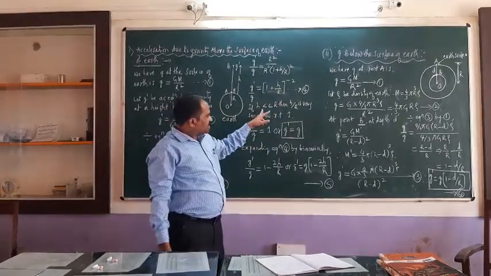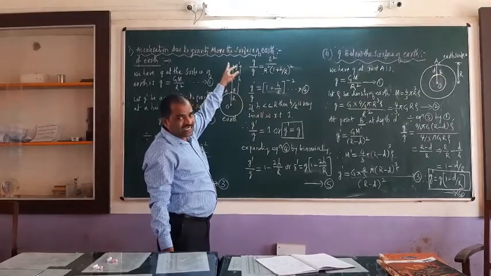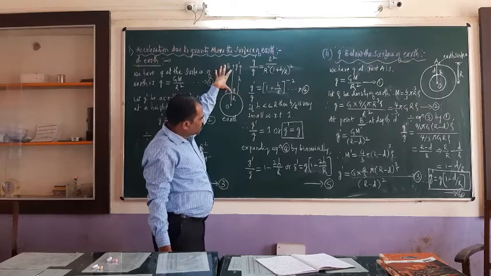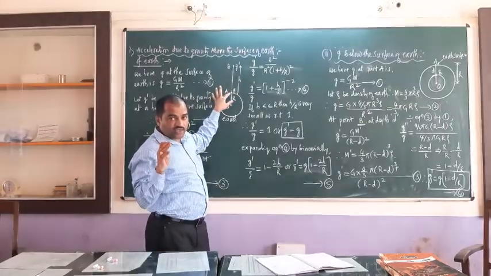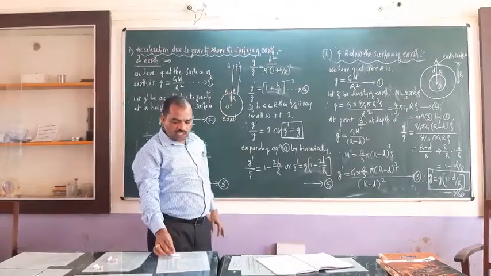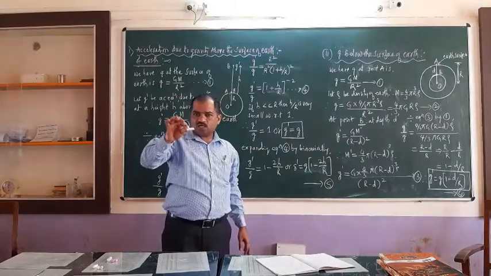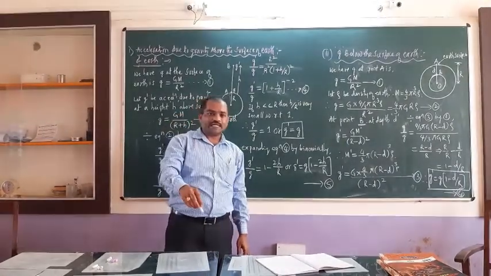Now let us consider that if the height, that is from the surface of the earth to the body, h, is very small compared to the radius of the earth, meaning the radius of the earth is very large. Suppose you have lifted the body from the surface of the earth to some height, and from the earth surface to this much is very small compared to the radius of the earth.